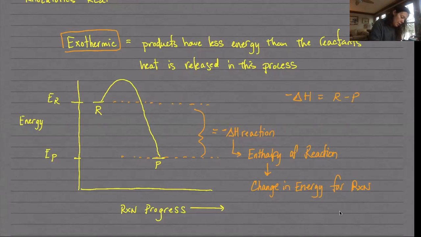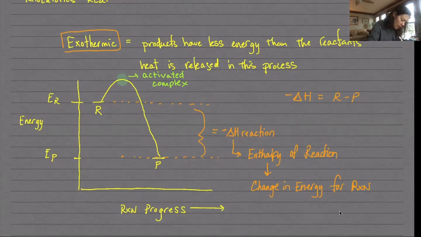Okay, now what else could we see here? We could look at the top of the hill. This is something called the activated complex. It's just a very unstable species that is formed in this process of getting from reactants to products.